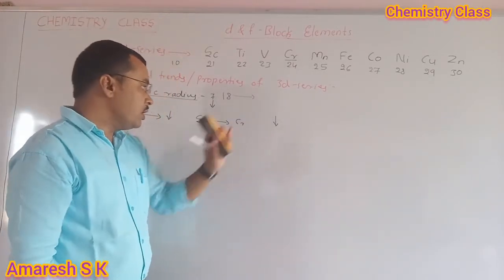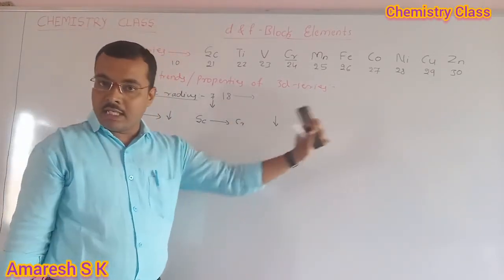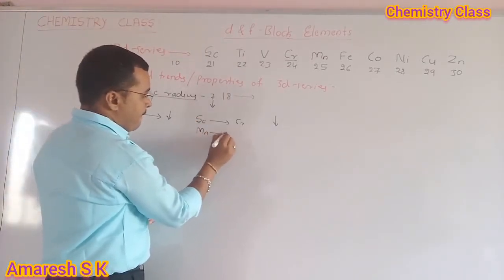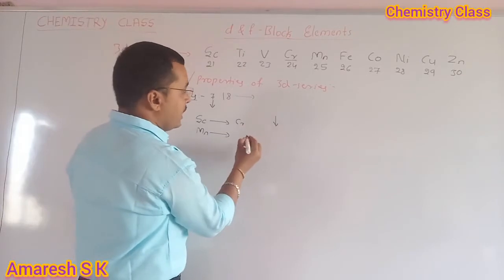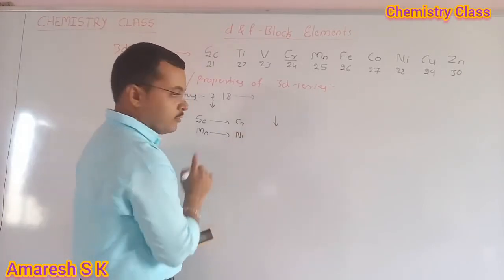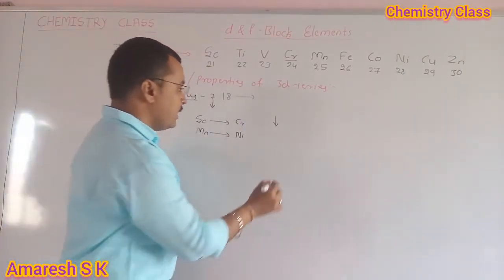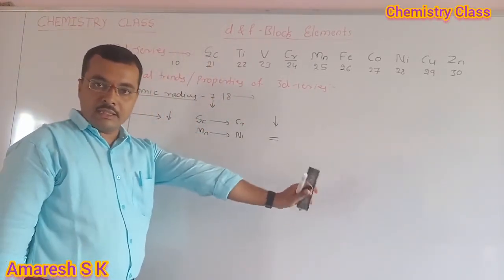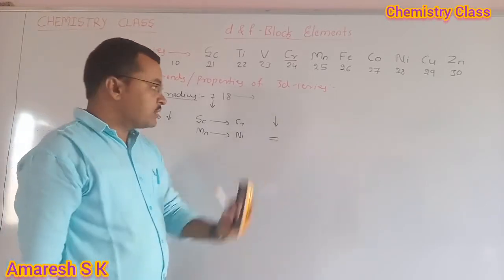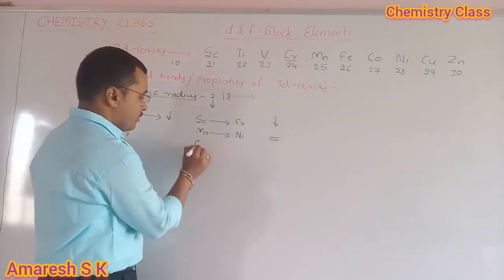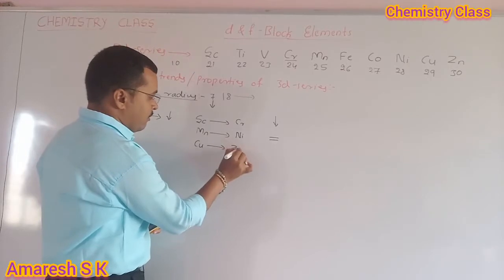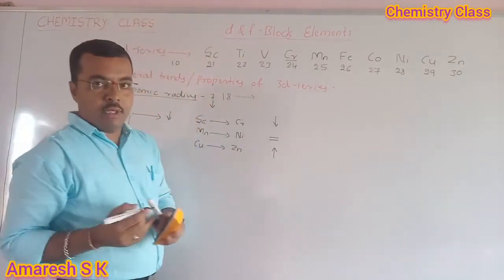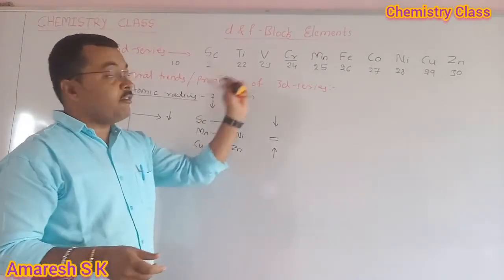Next, from manganese to nickel, there will be a constancy, the atomic radius remains constant. And next, from copper to zinc, there will be an increase in the atomic radius in the 3d series of elements.